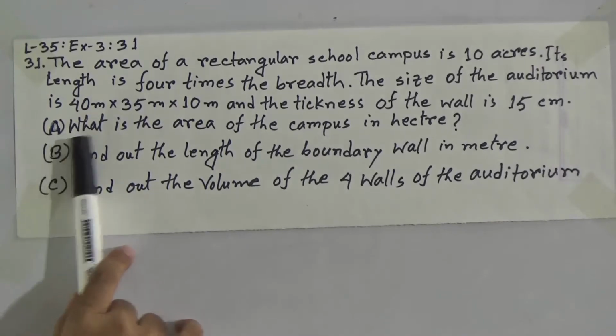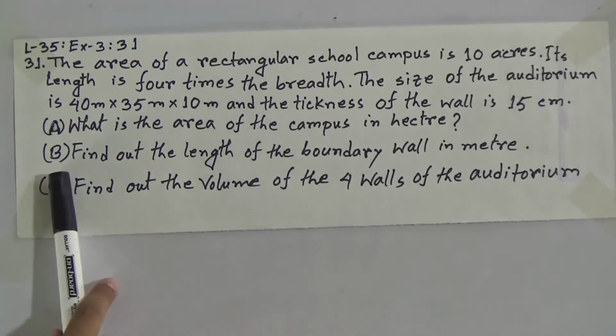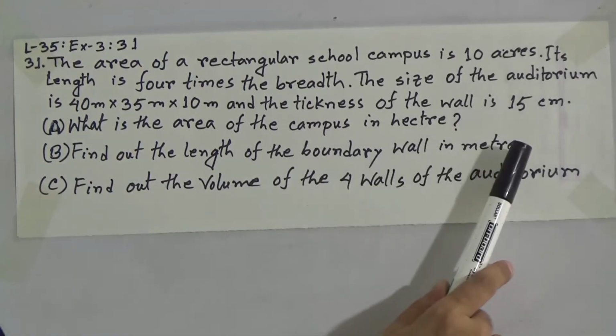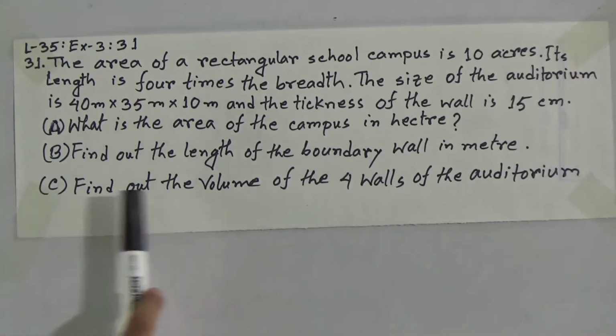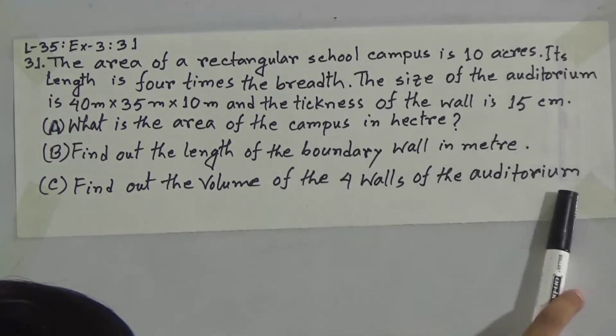Question A, what is the area of the campus in hectare? Question B, find out the length of the boundary wall in meter. Question C, find out the volume of the 4 walls of the auditorium.